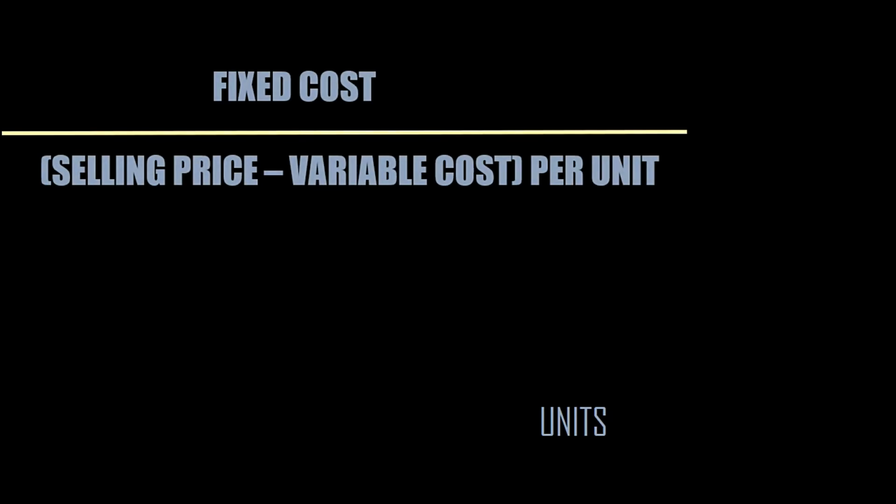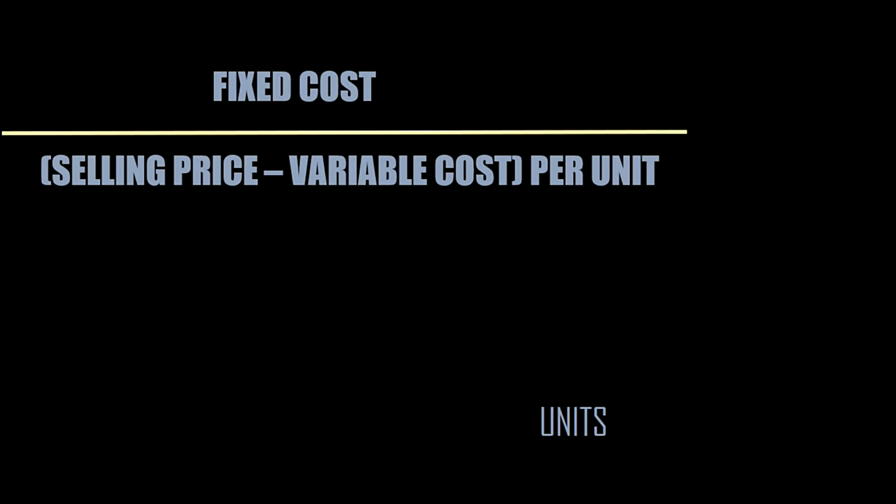By looking at the equation that I am going to show you right now, we can find out how many units we need to sell in order to reach the break-even point. And this is the equation. You have fixed cost on the top and the selling price per unit minus the variable cost per unit at the bottom. If you deduct the variable cost per unit from the selling price per unit, you will get the amount of money that you make per unit.